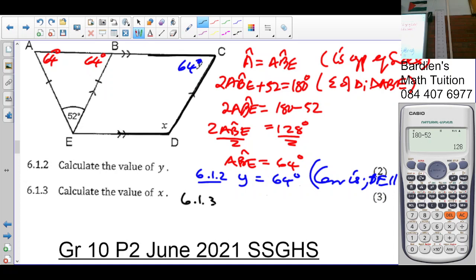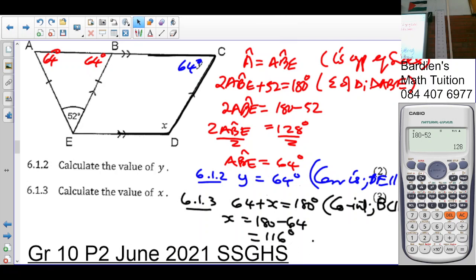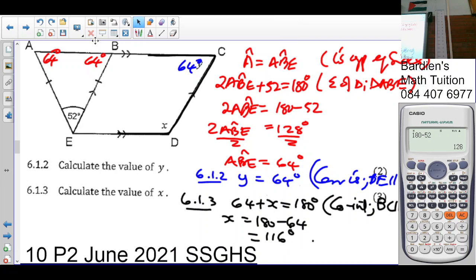So 6.1.3, 64 plus x is equal to 180, co-interior angles with BC being parallel to ED. So x is equal to 180 minus 64, which is 116 degrees. Any confusion there?